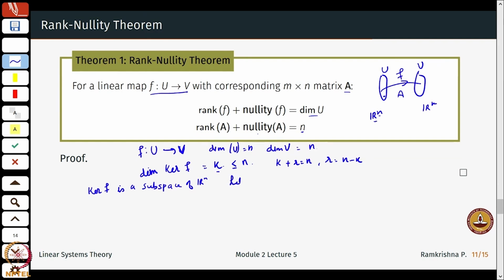So, let us say E1 till Ek be the basis for the kernel of this map F. Now, this U is an n dimensional space. So, the total basis of that would be E1 till Ek, Ek plus 1 till En, right. This is a basis for U.